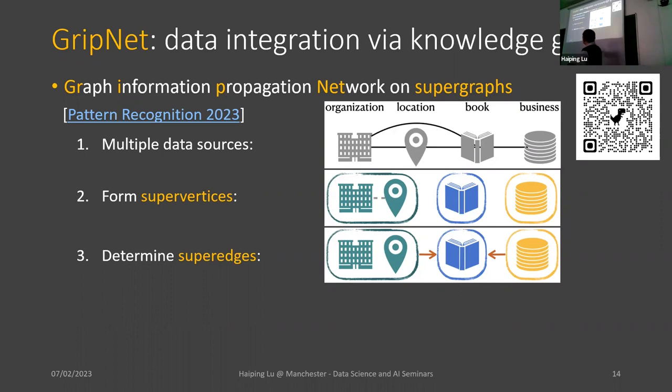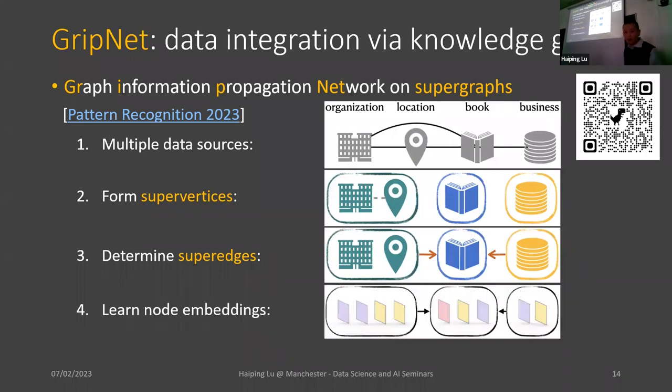We can determine the super edge, that is, how the information flows. Here, our target is the book. What we want to predict, what we want to know about, is the book. So the information flows from the organization and location to the book, and from business to the book. Book is our target, so we can determine the super edges and how the information flows.